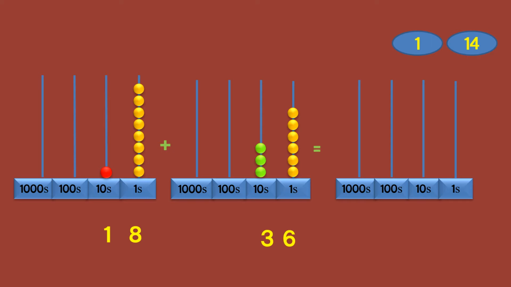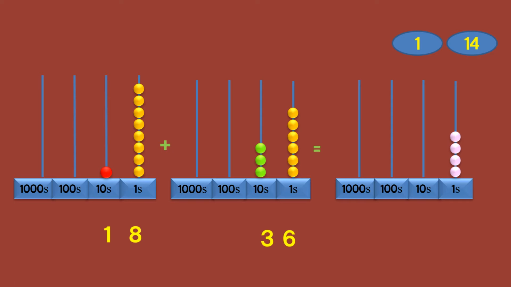So this 14, I have separated 10 and gave it to tens place. It became 1 in tens place. So how many remains? 14 minus 10 is only 4 remains. So I'm going to mention that 4 under ones place.